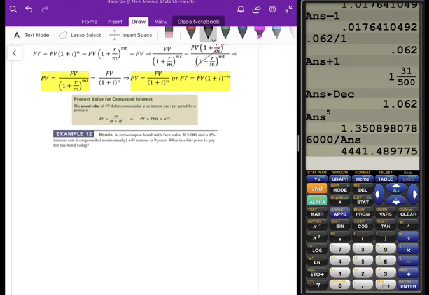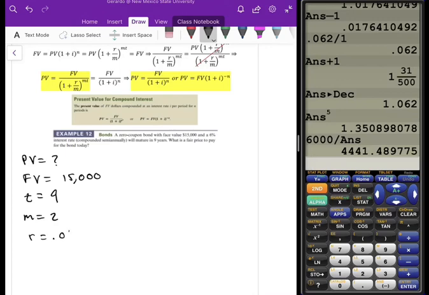Okay? So this one says a zero coupon bond with a face value of $15,000 will mature in 9 years. What is a fair price to pay for the bond today? So that's for today. We're still going to use present value. So that means my future value is 15,000. Time would be 9 years. Compounded how many times?